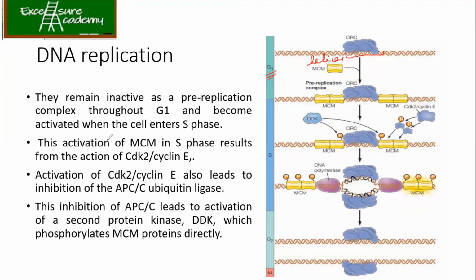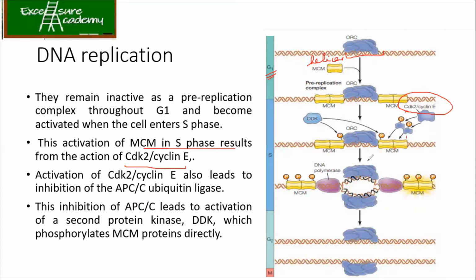Now the activation of MCM in S phase results from the action of the CDK2 cyclin E. It means MCM gets activated by the activity of CDK2 cyclin E. So this is your ORC, this is your MCM. MCM is getting phosphorylated with the help of CDK2 cyclin E, that is, it is getting activated. The activation of CDK2 cyclin E will also result in the inhibition of APC ubiquitin ligase.